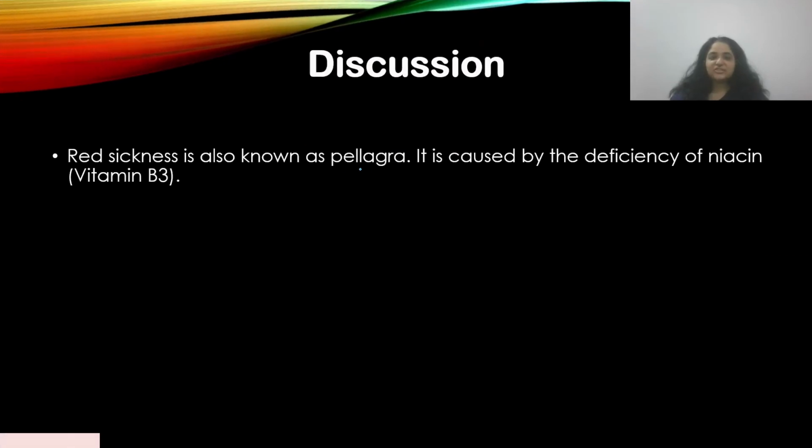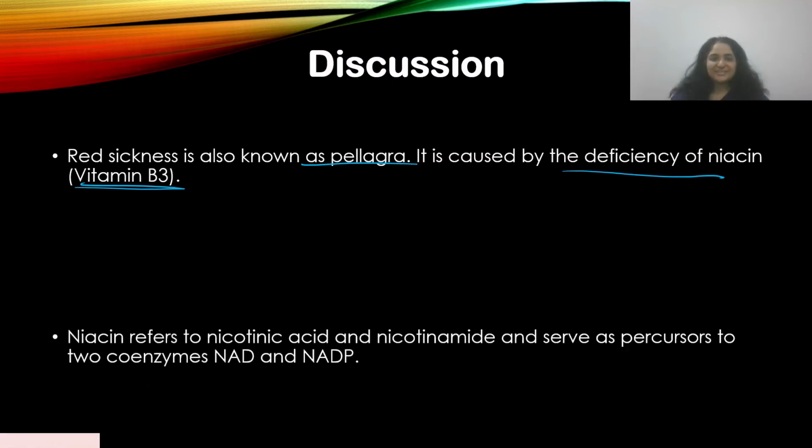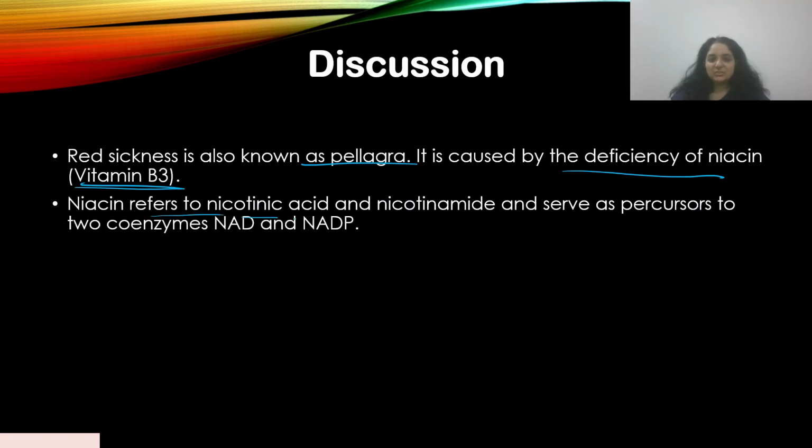So red sickness is actually also known as pellagra. It's caused by the deficiency of niacin, which is vitamin B3. If you go and read all the deficiency diseases in the digestive system, you will understand this. Niacin refers to nicotinic acid and nicotinamide and serves as a precursor to two coenzymes, NAD and NADP, which do the oxidation-reduction processes in our system.